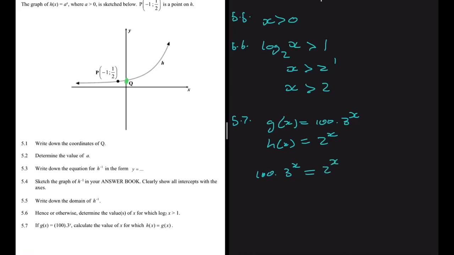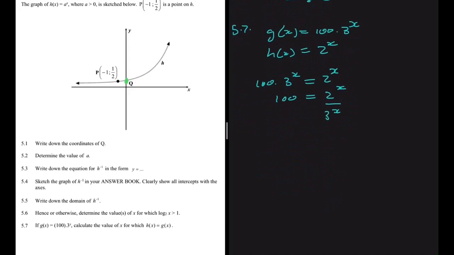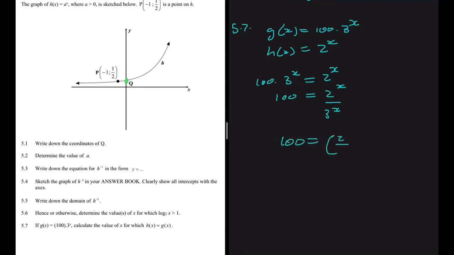So let's isolate the 100 here. If we do that, we're going to get 100 being equal to 2 to the power x divided by 3 to the power x, right? But then we can write this nicely in the following way. So we can say 100 is equal to 2 divided by 3, all to the power x, right?